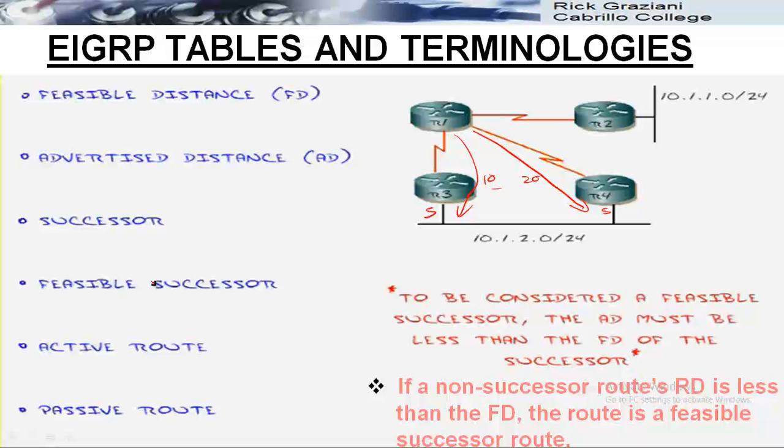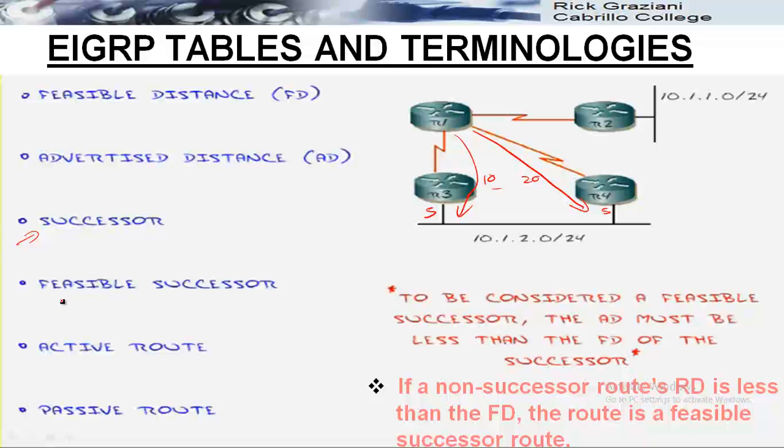Now the feasible successor is a backup route, and the successor and the feasible successor are what you'll find in the topology table. So once you run the DUAL algorithm, the successor route will be chosen to go to the routing table.